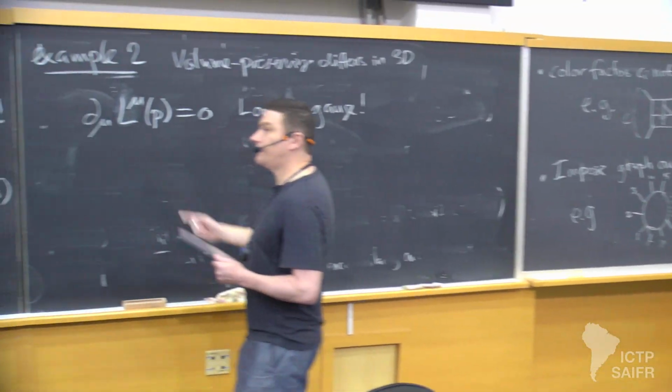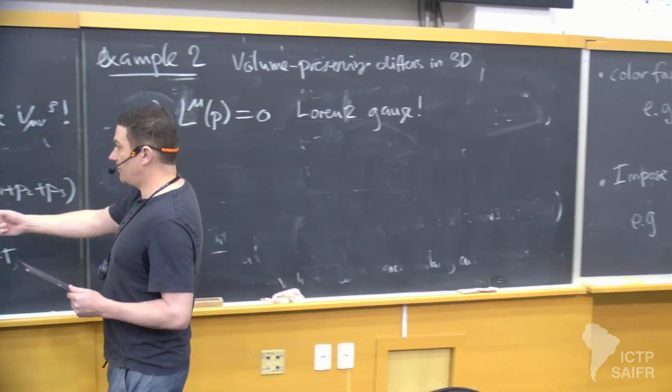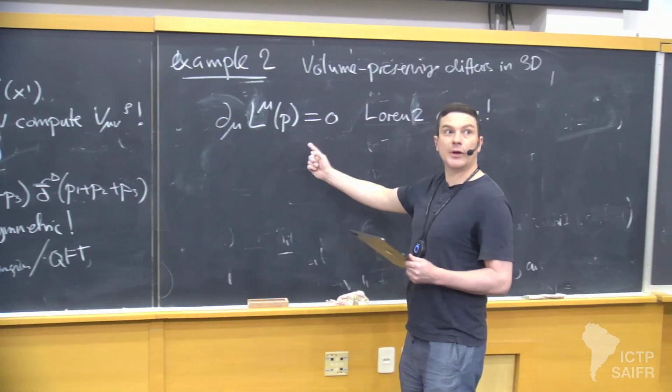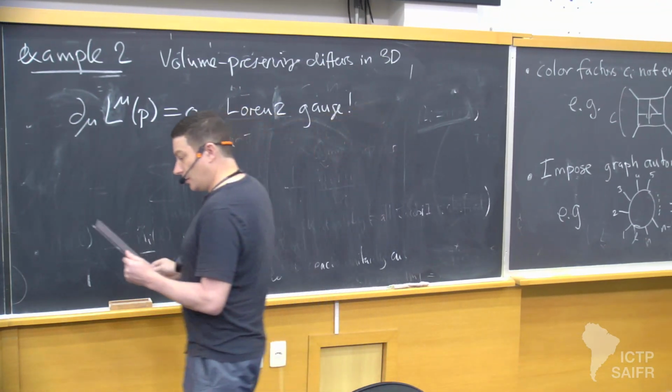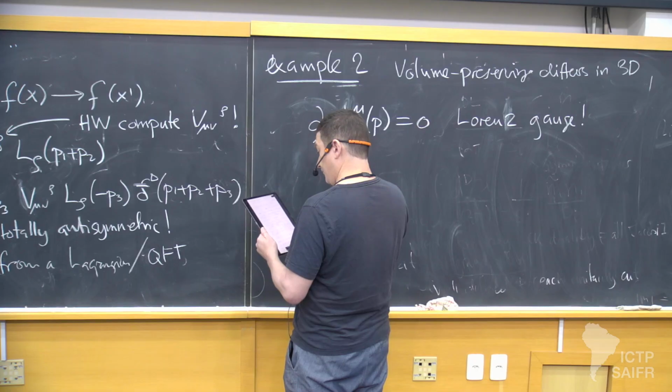Okay, so let's try to find an explicit formula for these generators. Obviously it has to be closely related to what we wrote there, but we have to solve this constraint. It turns out that's actually quite simple to solve in 3 dimensions.